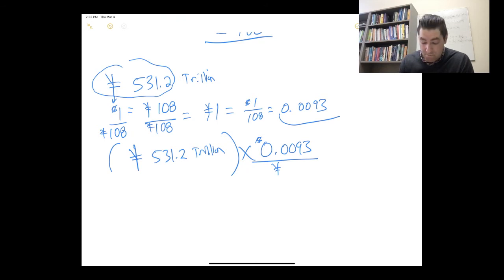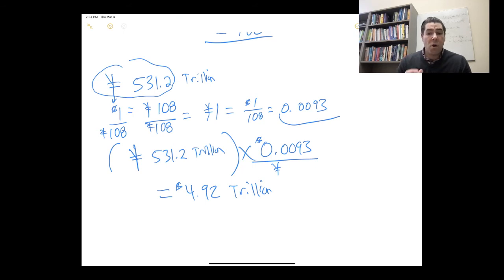So if we do that, let's see here. I get 4.92 trillion US dollars. Right? So the conversion isn't really all that bad.